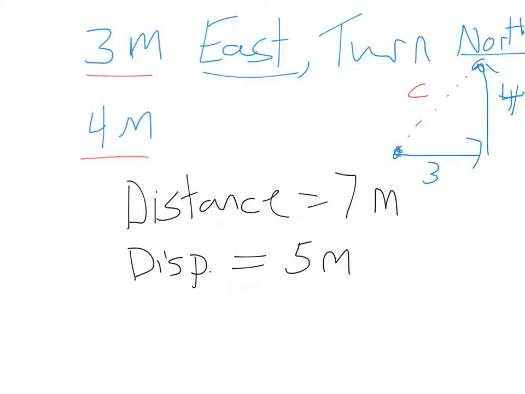Carlos, since you solved for C, how did you solve for it? I did 3 squared plus 4 squared equals C. Okay, and what'd you get? I got 9 and 16. 9 plus 16 gives us 25. And what is the square root of 25? 5.